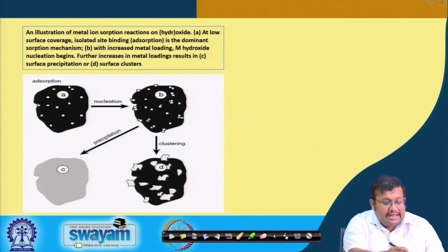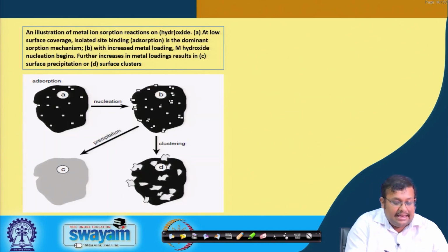And so, in this next slide you can see in the first, it is basically an illustration of the metal ion sorption reaction on a particular hydroxide. So, here you can see at low surface coverage, isolated site bonding adsorption is the dominant sorption mechanism, and the second is the increased metal loading, where metal hydroxide nucleation begins.